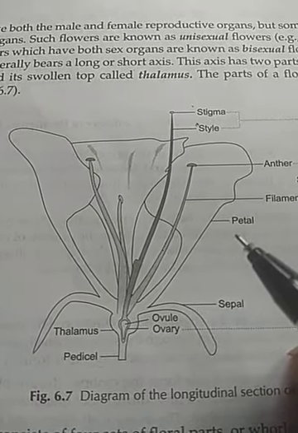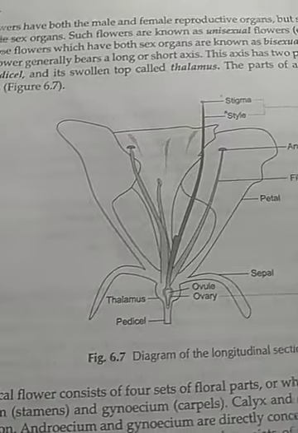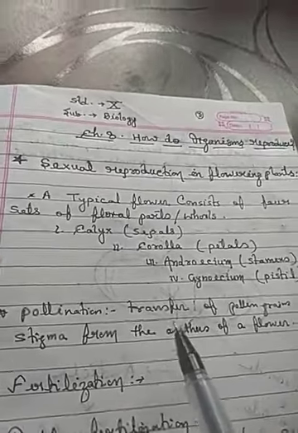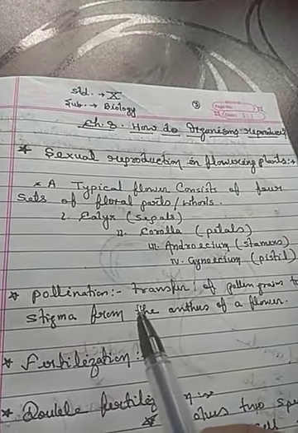Now we will learn the next topic, pollination. For sexual reproduction in plants, pollination is needed. So what is pollination? In pollination, the male and female parts of the flower play an important role. What is the definition of pollination? Transfer of pollen grains from the anthers of a flower to the stigma.